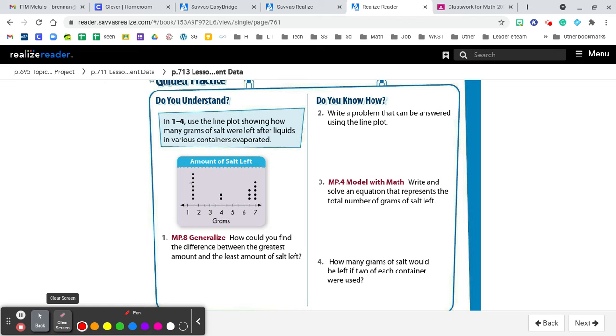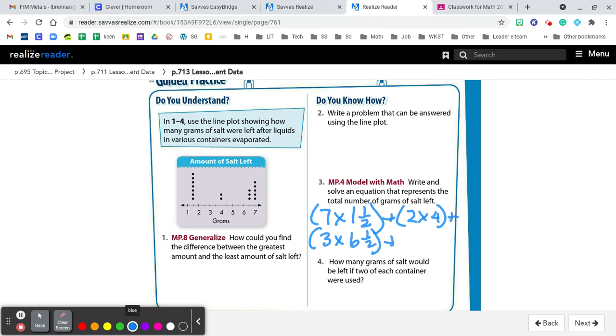So on this, we're going to have to count how many dots we have. Going from left to right, we have 7 times 1 1/2 grams, plus 2 times 4 grams, plus 3 times 6.5 grams, plus 7 times 5 grams.